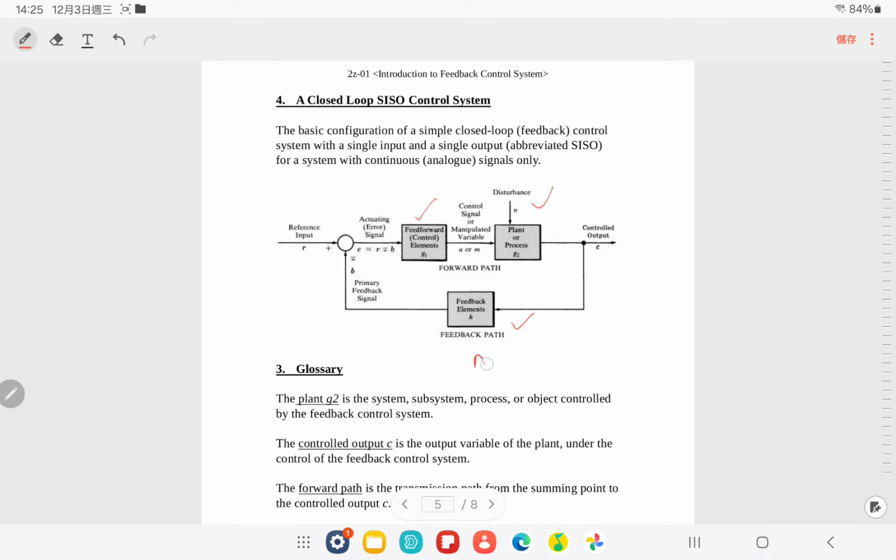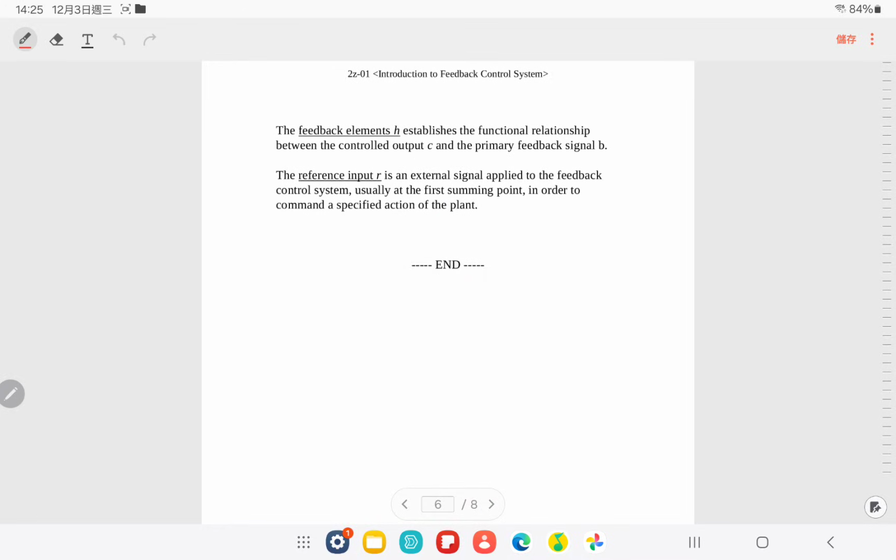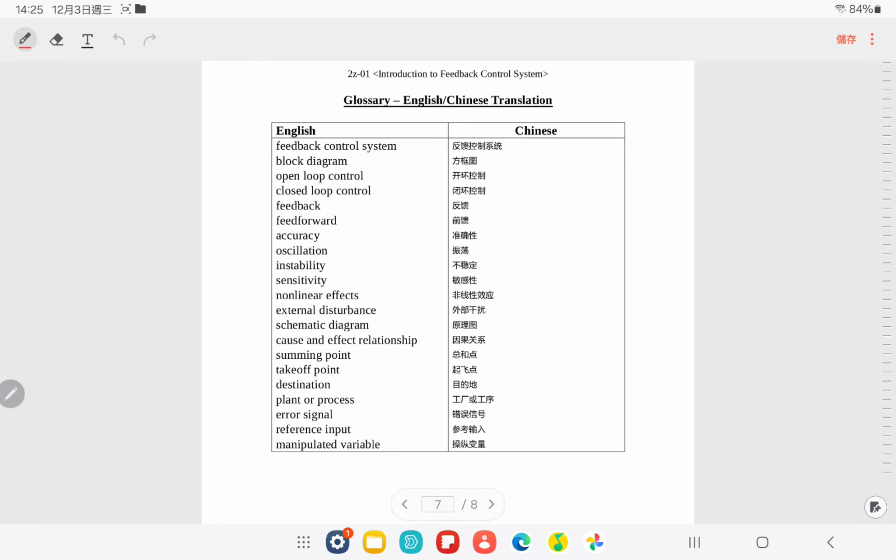Same thing. You need to know, but we will not specifically ask you in the exam. But you need to know, otherwise you don't know how to answer the exam question. So that is it.